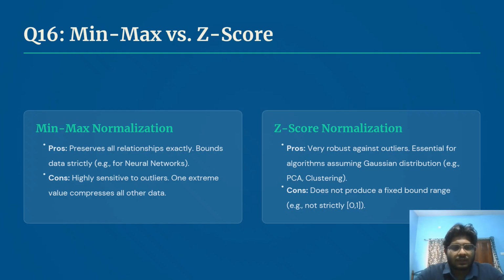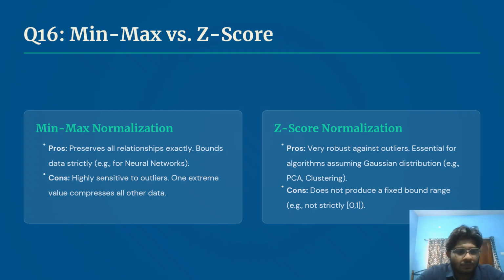Now, Z score. Here it is, it is very robust against outliers, essential for algorithms assuming Gaussian distribution, right?